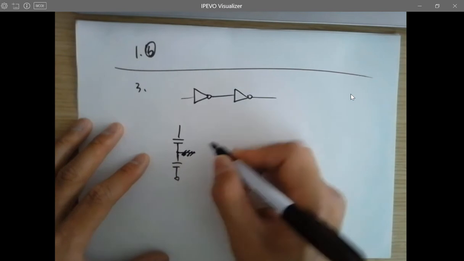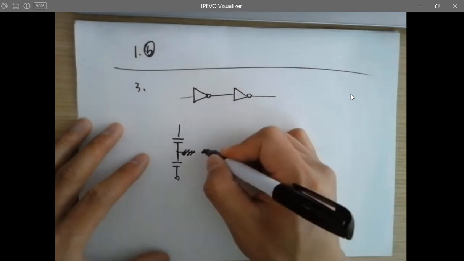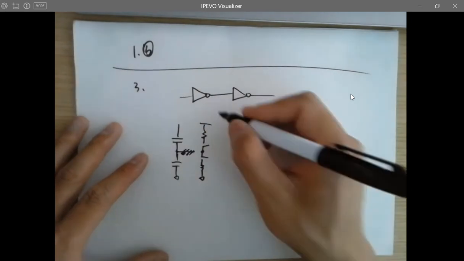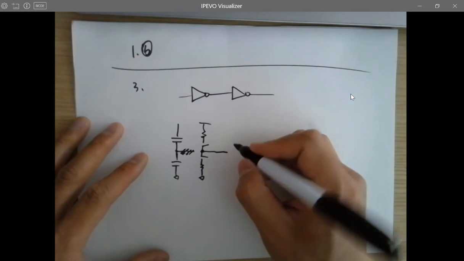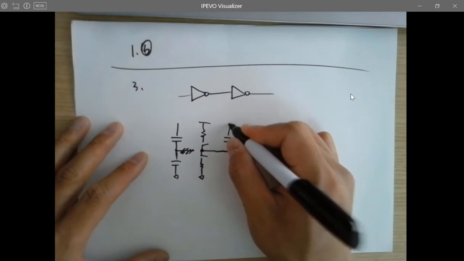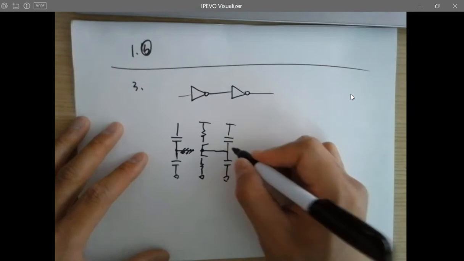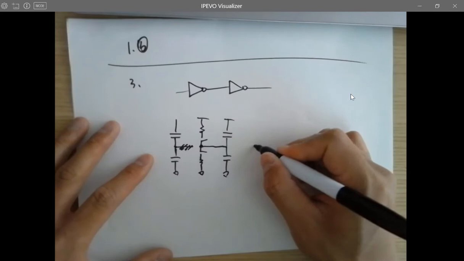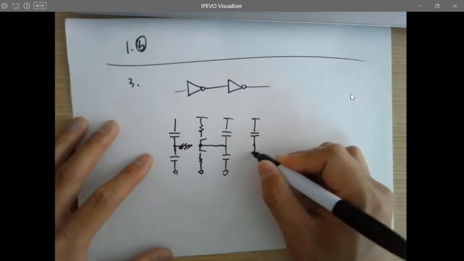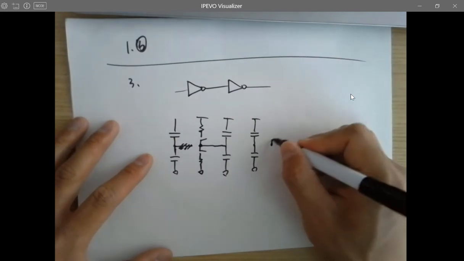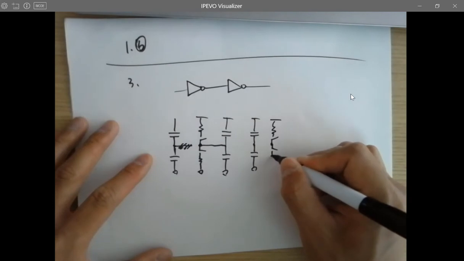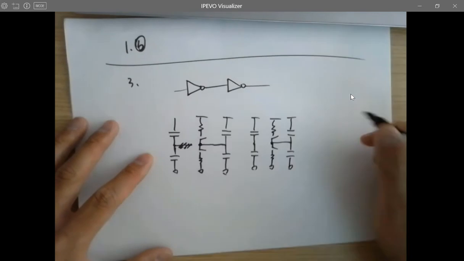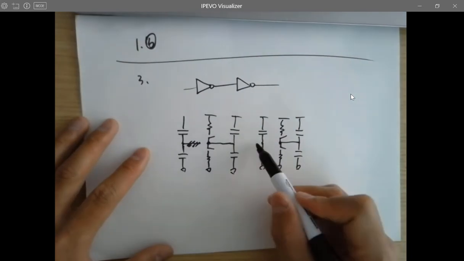There's no connection because that's a gate. There's a connection. That's for the first inverter, and you've got the second one. Is there a connection in between these two?